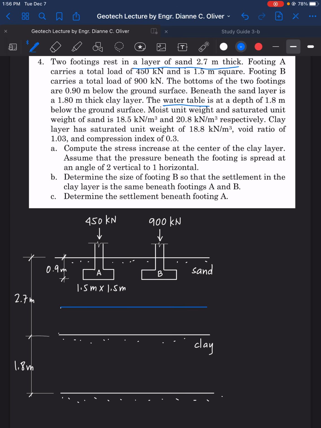So let's write here GWT, or groundwater table. Okay, so understood that there's water there. And that is 1.8 meter below the ground surface, or let's just put here another 0.9. There you go.